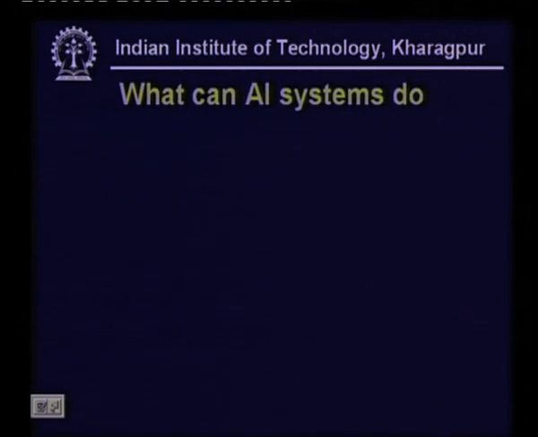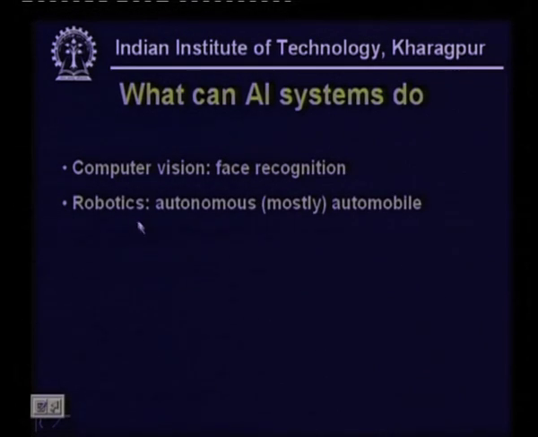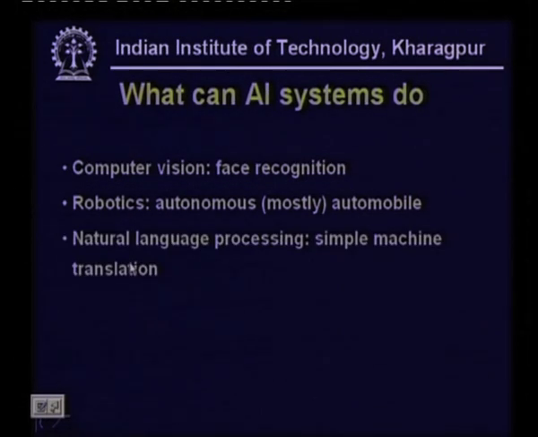What can today's AI systems do? We have systems that can recognize faces. We have almost autonomous vehicles. Our natural language processing systems can do simple machine translation.